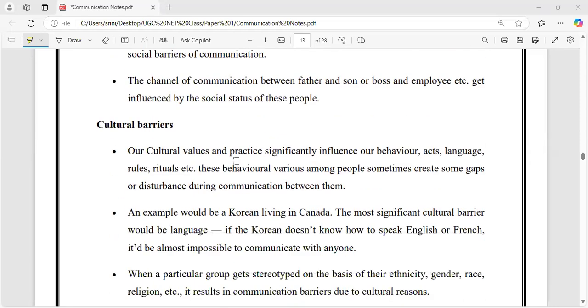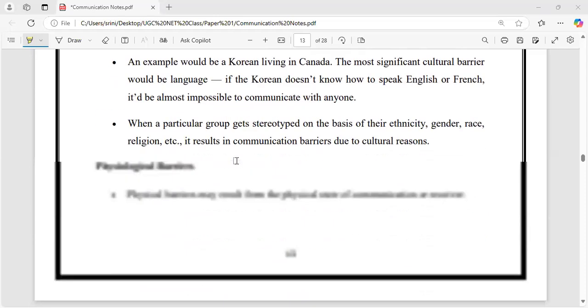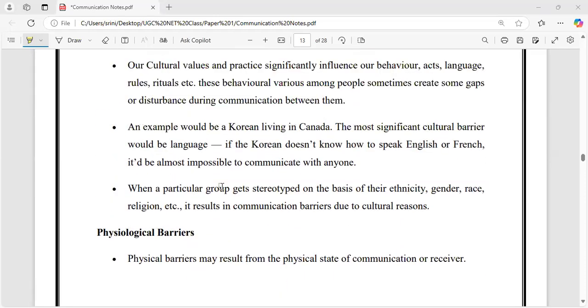And cultural barriers. Our cultural values and practices significantly influence our behavior, acts, language, rules, rituals. These behavioral barriers among people sometimes create gaps or disturbance during communication. An example would be a Korean living in Canada.